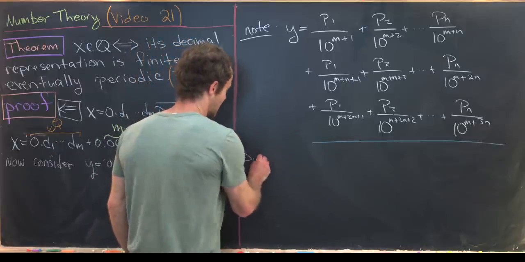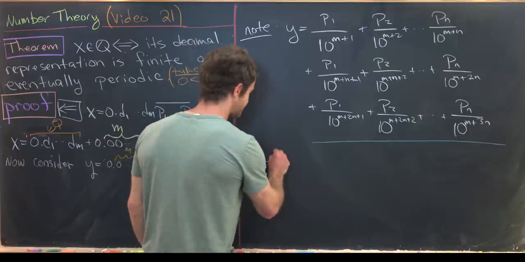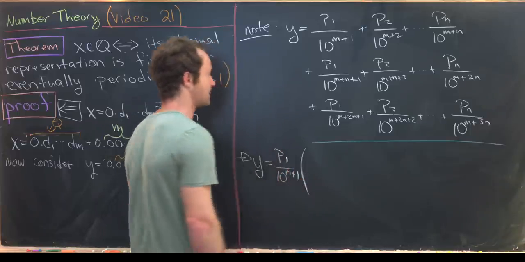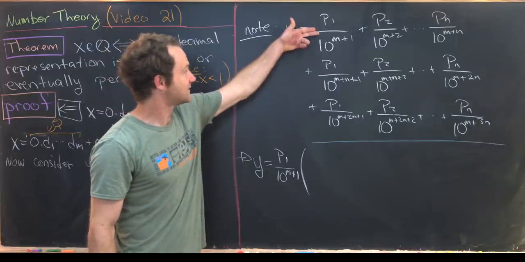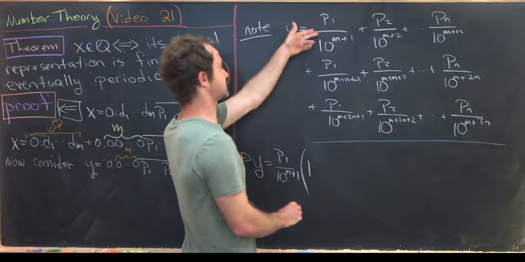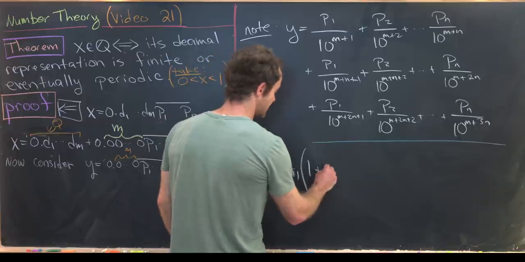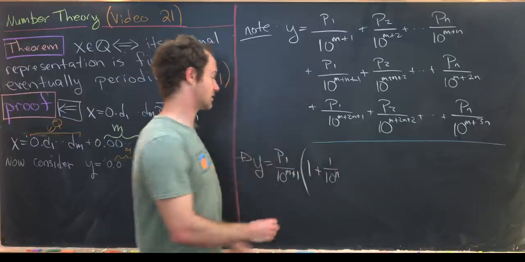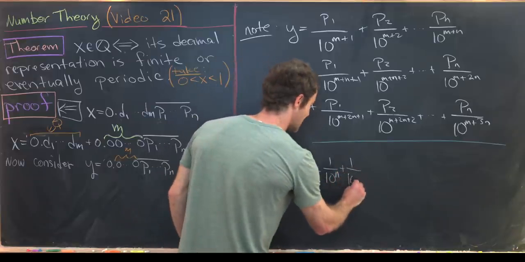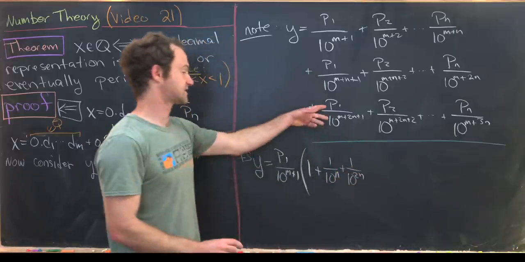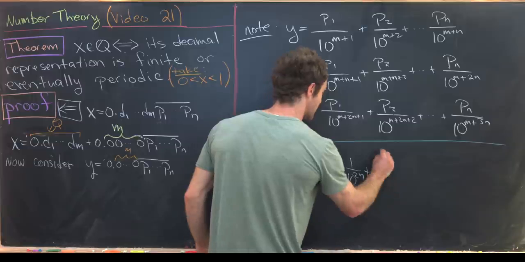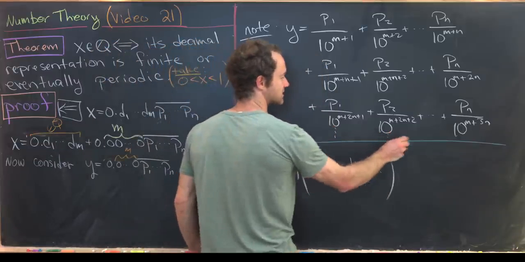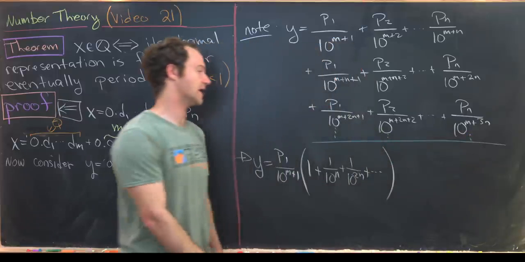So that means I can write my y as p1 over 10 to the m plus 1. Then what I have left is 1 from this term plus 1 over 10 to the n from this term plus 1 over 10 to the 2n from this term, but then that keeps going infinitely on. I guess I should put that these are summing infinitely down that way.